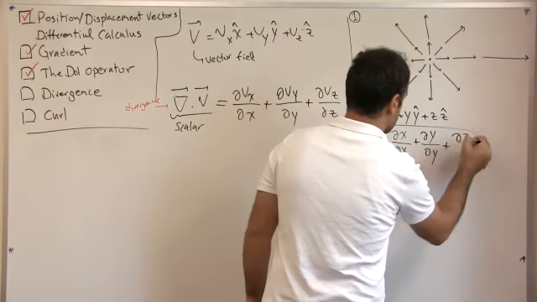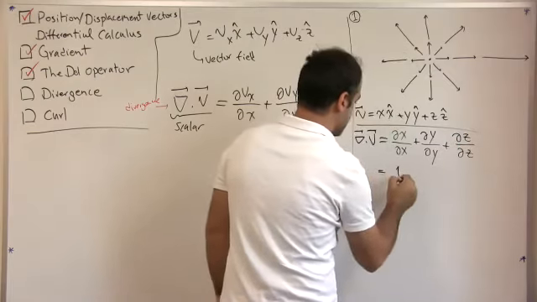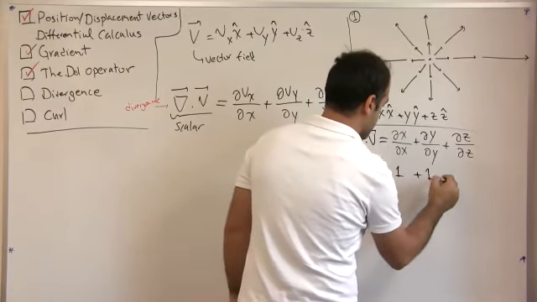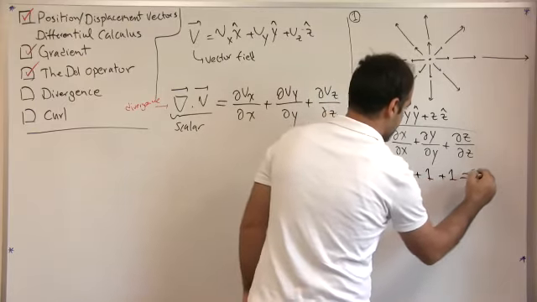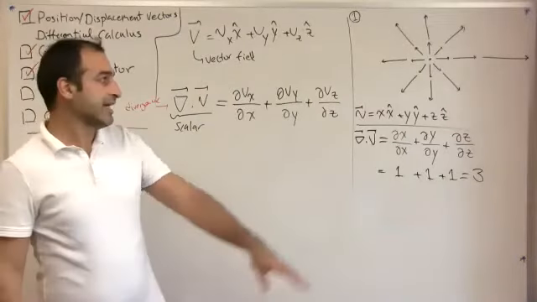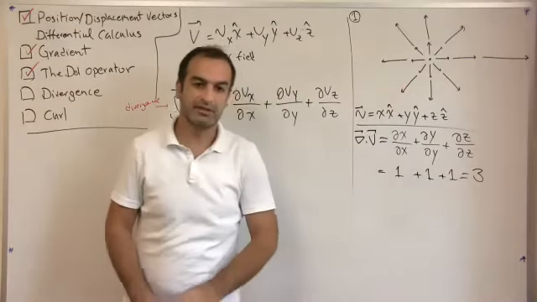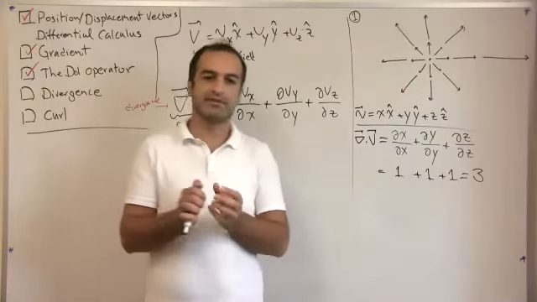Likewise for the z component, we get partial over z, and each of them is actually 1. 1 plus 1 plus 1, and that is 3, okay? So we had this vector field, we calculated the divergence and it became 3, a positive number, okay?